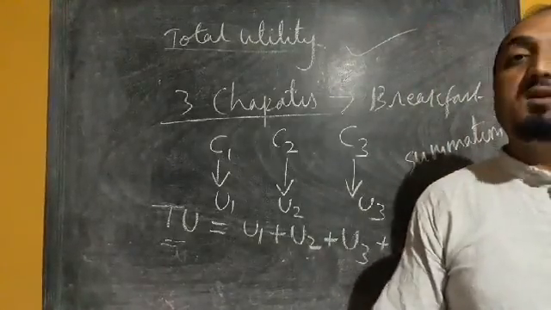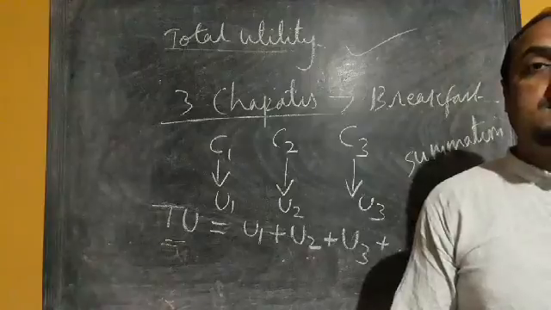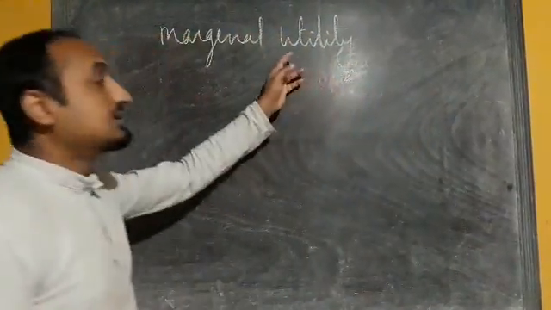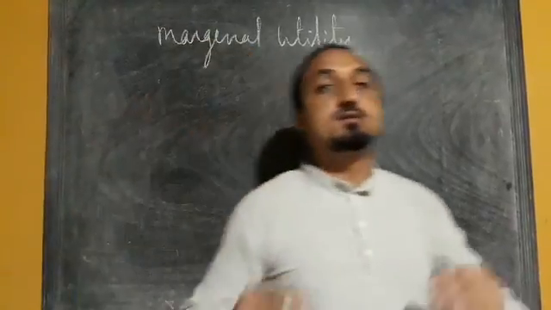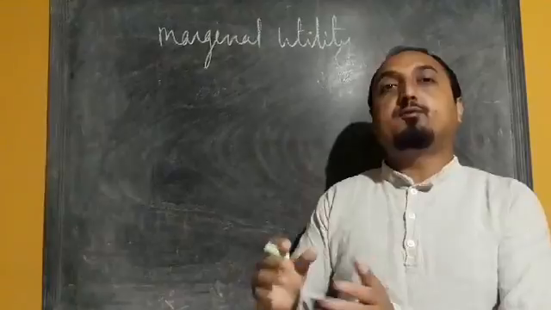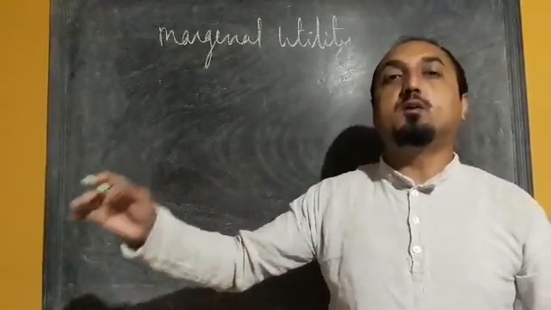Now we'll move to the marginal utility. Okay, next concept we have marginal utility. So marginal utility is defined as the additional level of satisfaction obtained from consuming one more unit of output.